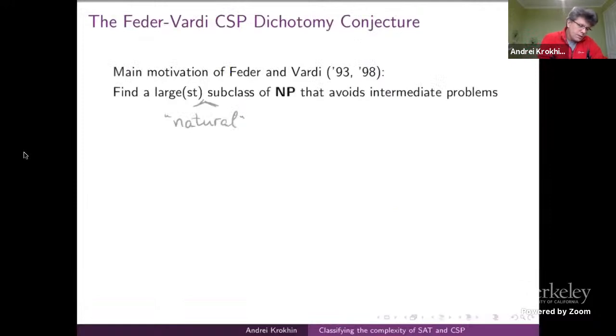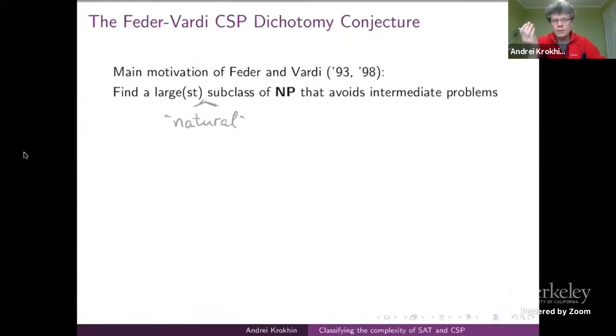Now, it was this paper by Feder and Vardi, conference version 93, journal version 98, that really put the CSP on the map and made it known in all of the theoretical computer science community. So the main motivation for this paper was this: find a largest natural subclass of NP that avoids intermediate problems.